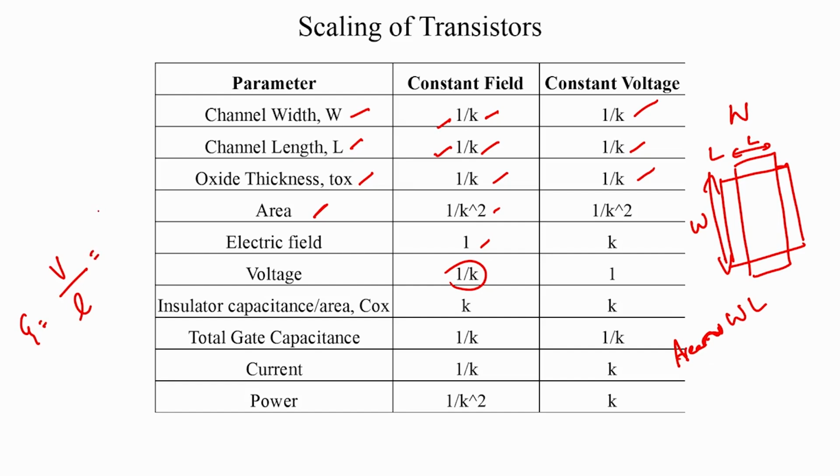Since the lengths have scaled down by a factor of k, we also need to scale down the voltages by a factor of k. So, the voltage in the case of constant field scaling will scale down by a factor of k. On the other hand, the voltage in constant voltage scaling will not change, it has to be constant, and therefore, the electric fields increase by a factor of k.